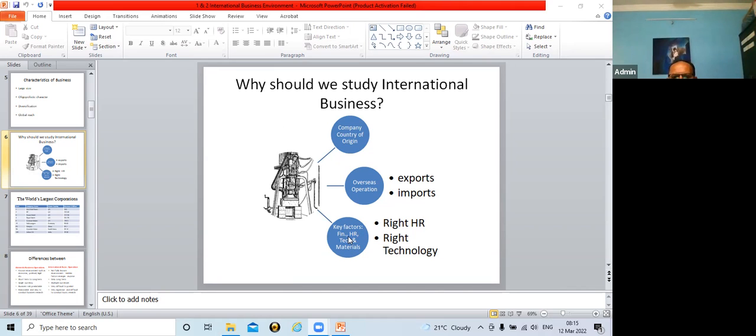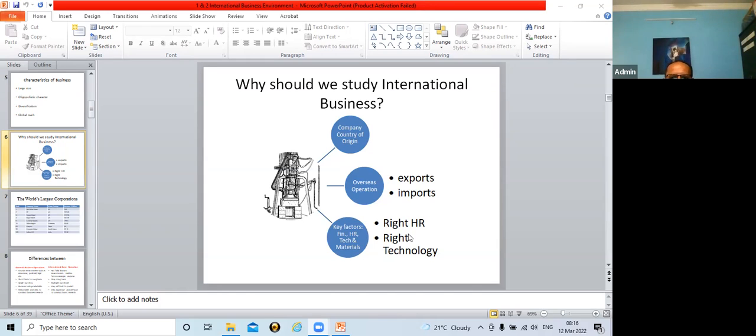And the third factor, that is key factors, that is finance, HR, technology, material. So in case the right employees are not available in the local market, then you may hire some employees from outside the country. So it happens not only in India, but even other countries also. Other countries, they also hire our manpower.